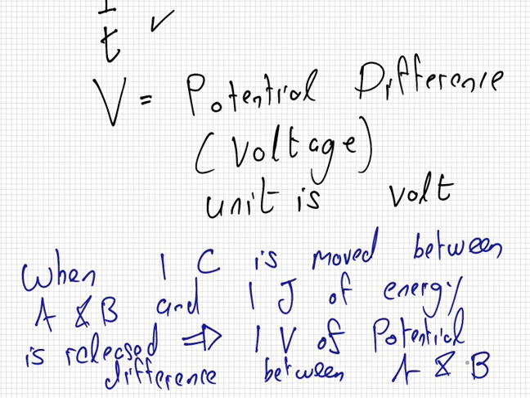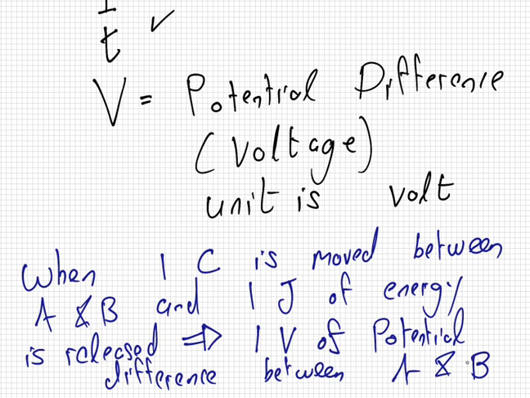So voltage, potential difference, has to do with energy. If you think about electricity, the charge is moving around. So voltage tells you how much energy you have, how much work you can do. Here's my coulomb.